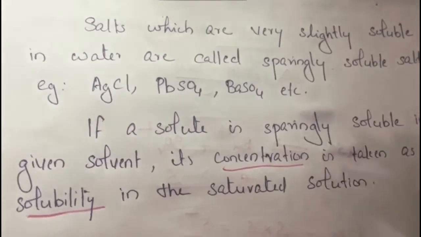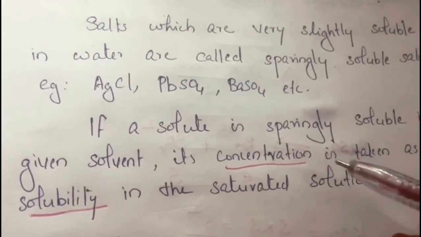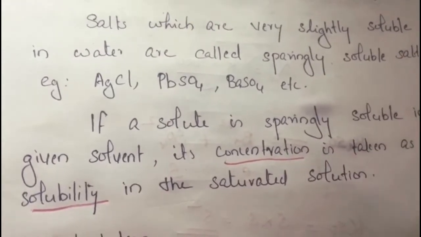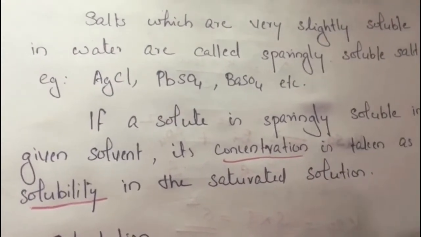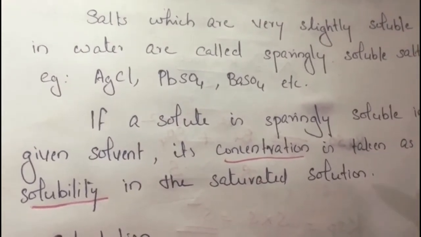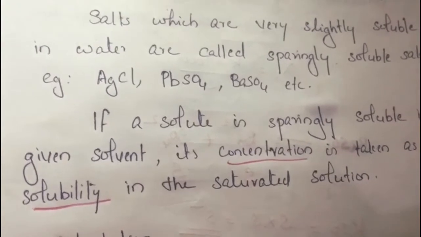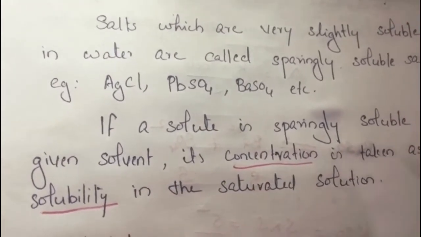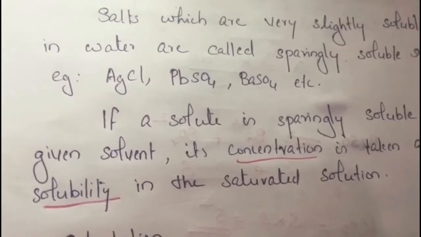So we will get two conductances: one for conductivity water and the other for water with silver chloride. Then we take the difference of both, so we get the conductance of the salt used. Using that, we can measure the solubility of the sparingly soluble salt.